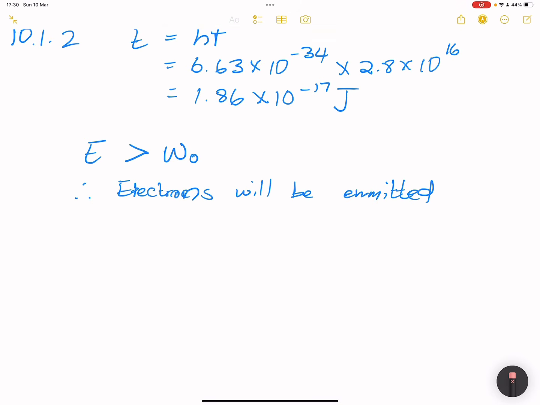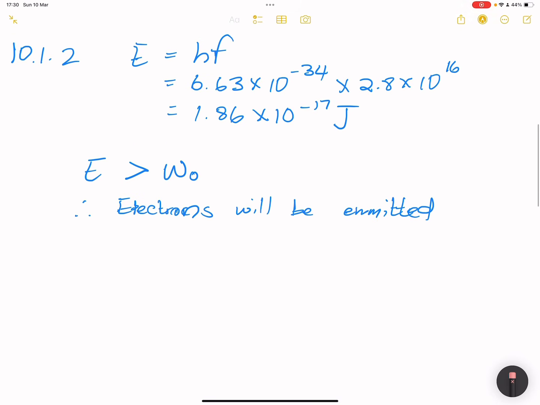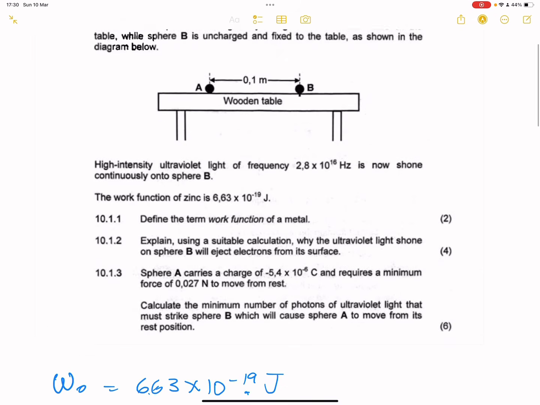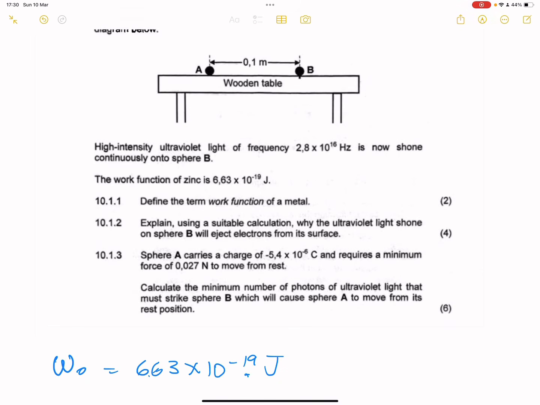All right, now going right along. So now we go on to question 10.1.3. They ask us the following question. Sphere A carries a charge of negative 5.4 times 10 minus 6 coulombs, and requires a minimum force of 0.027 newtons to move from rest.